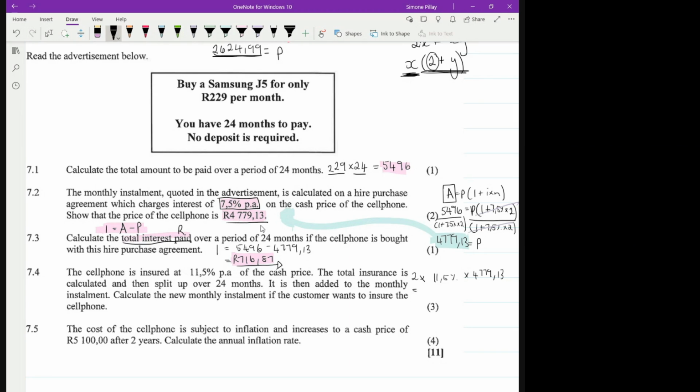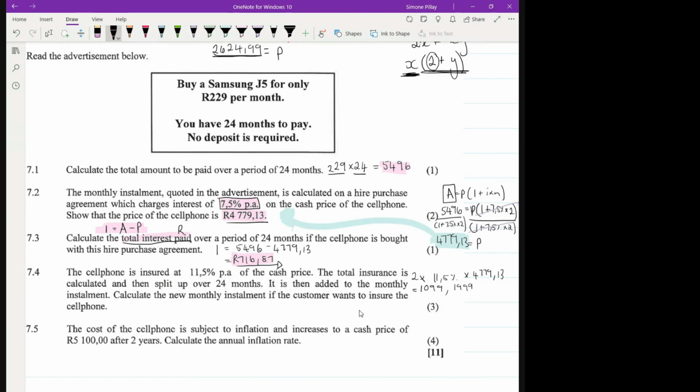So if I do this calculation, let's see what I get. I am getting 1,099.1999. Molebogeng, I think you maybe had an extra number there, but your answer is pretty similar to mine. Now, I'm not rounding off because I'm just going to use this answer straight in my calculator and divide it by 24 months. What that is going to give me is what's added on to my monthly installment.